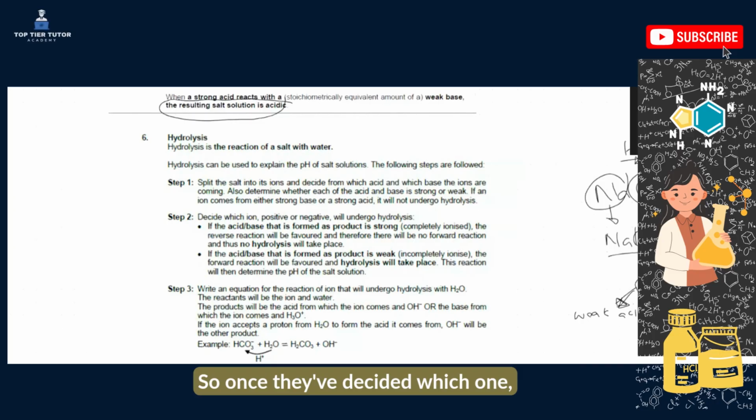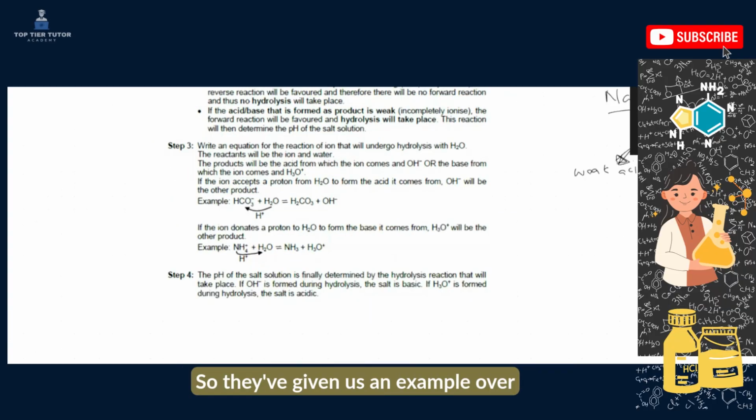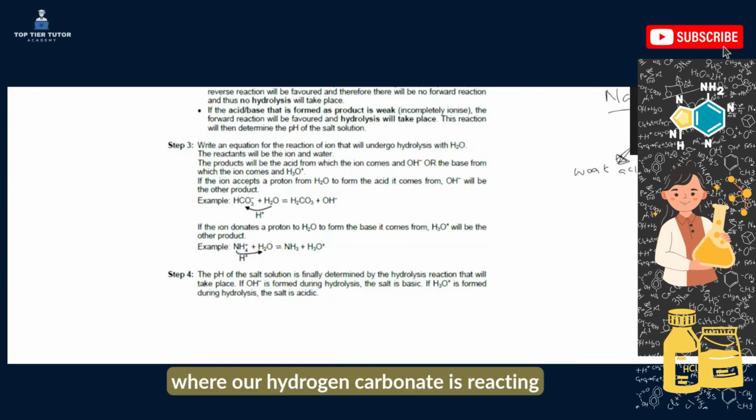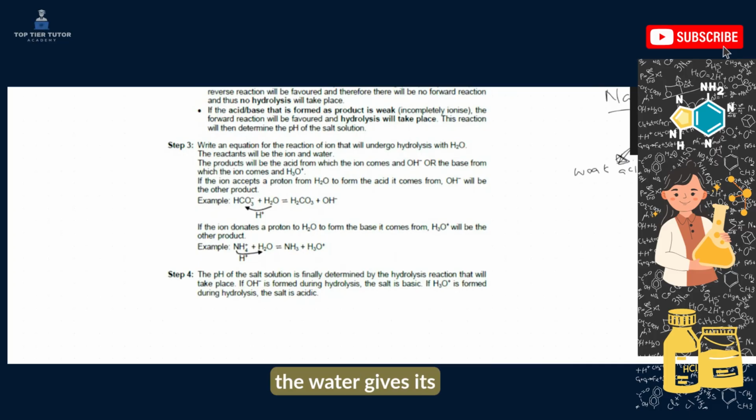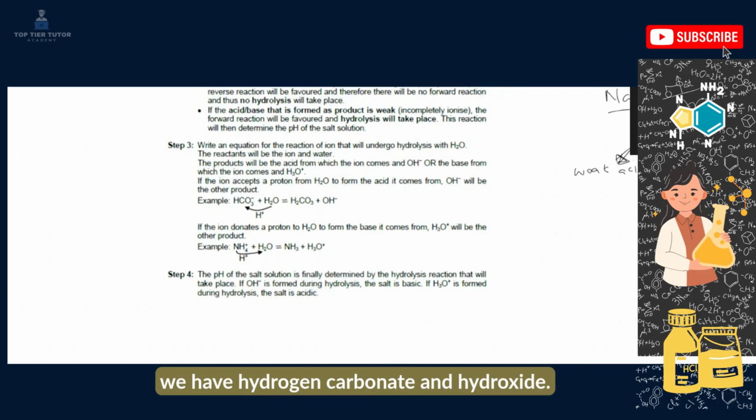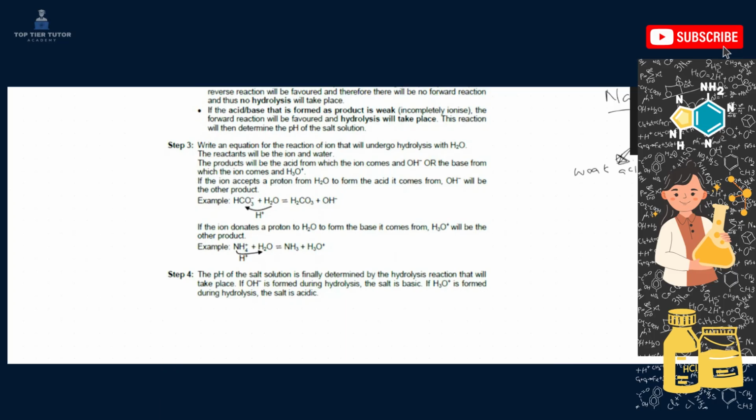Once we've decided which one, either the positive or the negative, will undergo hydrolysis, we now need to write out an equation that represents this hydrolysis. They've given us an example where hydrogen carbonate reacts with water, and the water gives its hydrogen to the hydrogen carbonate, and therefore we have carbonic acid and hydroxide.